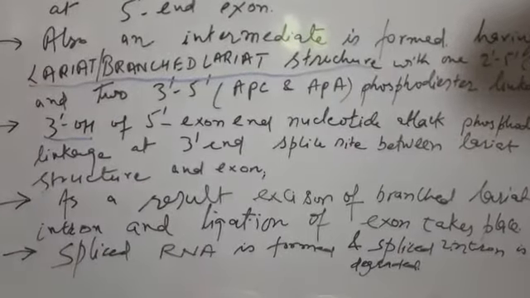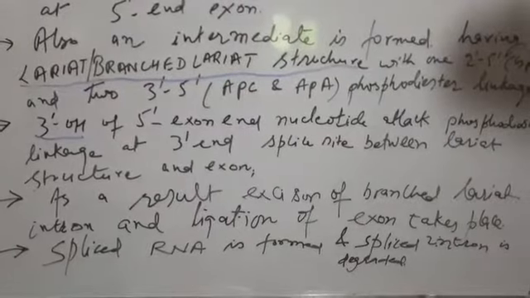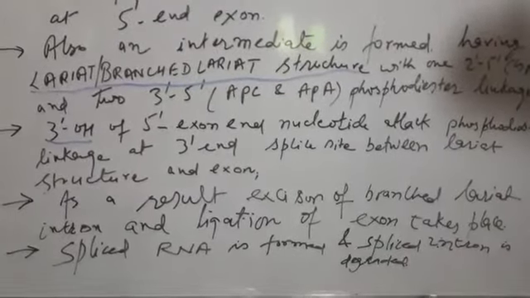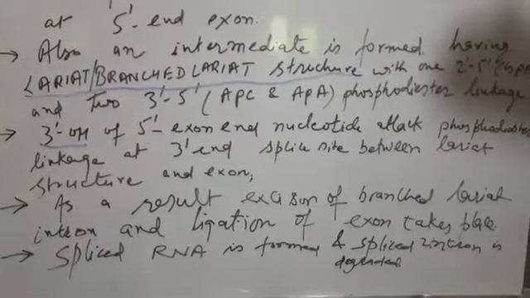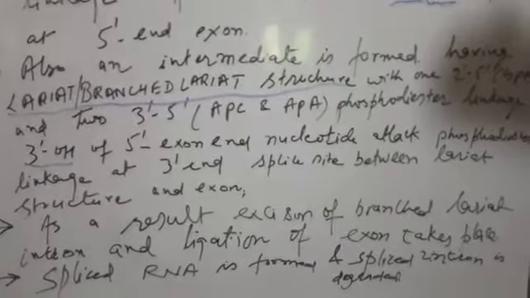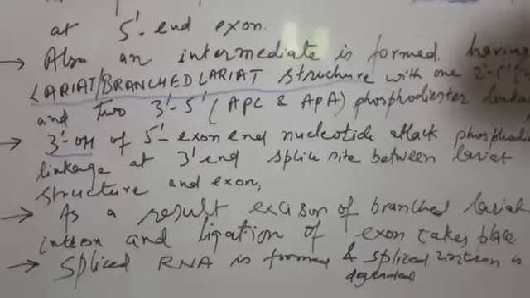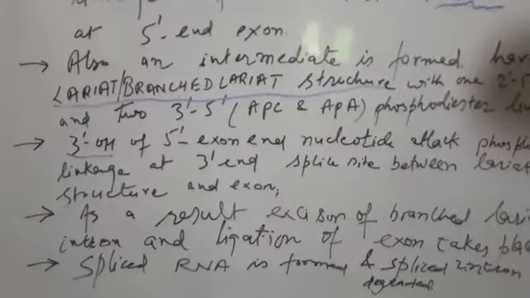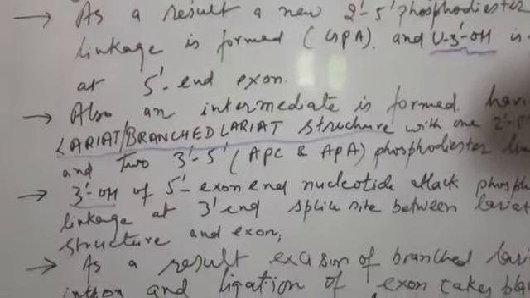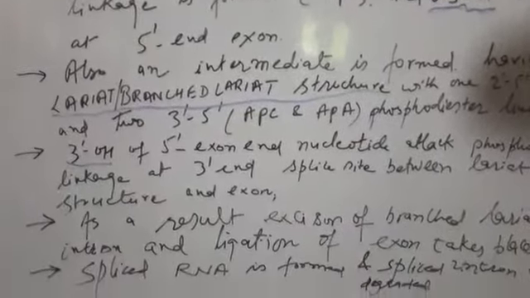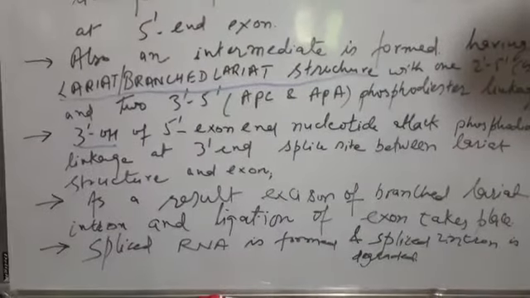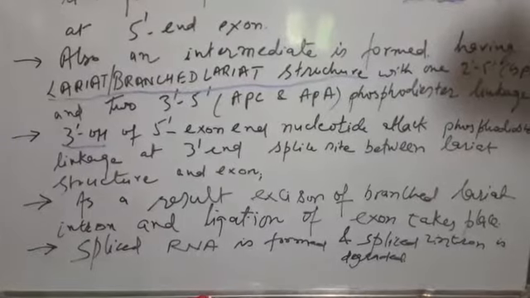Excision of the branch lariat takes place, that is removal by cutting, and ligation of exon takes place, that is joining of two exons by the phosphodiester linkage, and obviously you get a spliced mRNA or RNA, and the spliced intron, that is the lariat shaped intron structure, is degraded finally.